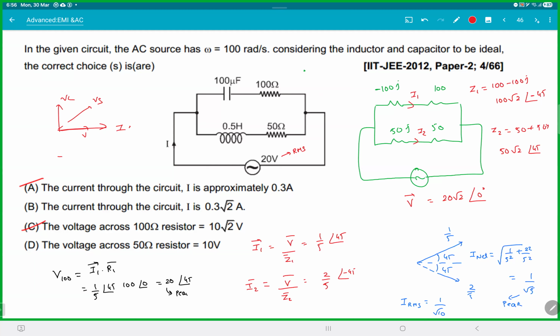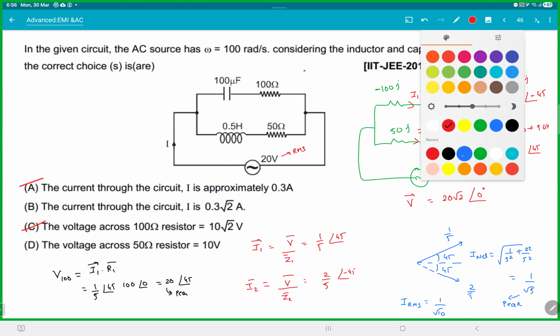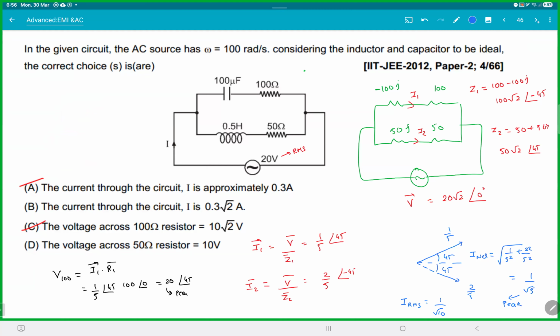Then this is I1, this is I2, this is VC, and that is V source. And then we'll say V source is same. Then we just turn the vectors and make VS horizontal, and then we get all those vectors to add up. Yeah, it is the same thing as phasors, but complex numbers will make it look easy. Clear with this? This is one way to do this.